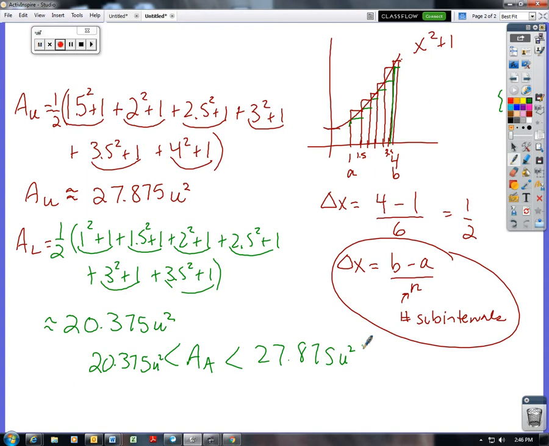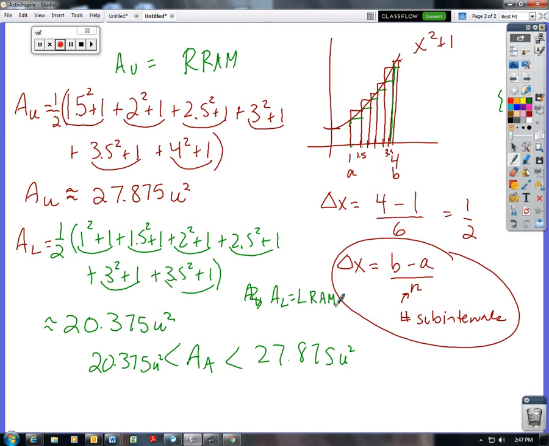You might wonder, on this one, the upper area was based on the right hand, so that was the same as our RRAM. And the lower one, that's supposed to be A sub L, was based on the left-hand x value for each rectangle, so LRAM.